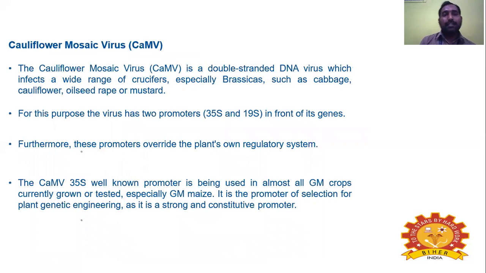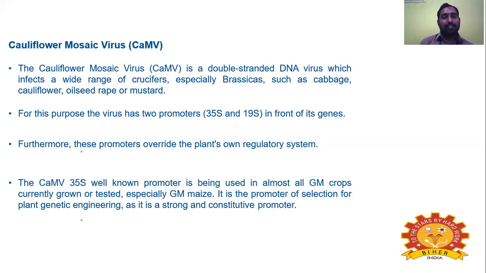If you see the other vector system, this is the viral vector system, cauliflower mosaic virus. The cauliflower mosaic virus is double-stranded DNA in nature and infects a large range of crucifers, especially brassicas such as cabbage, cauliflower, oilseed rape and mustard.